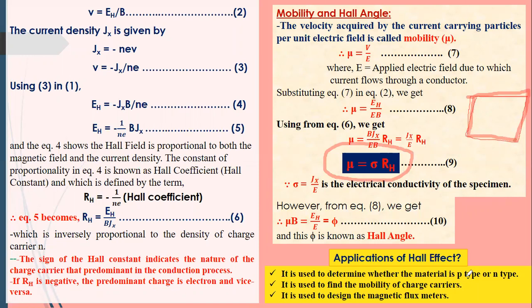That is application number 3. And application number 4 is that the Hall effect can be used to measure a magnetic field with a Hall probe. So these are the applications of Hall effect.